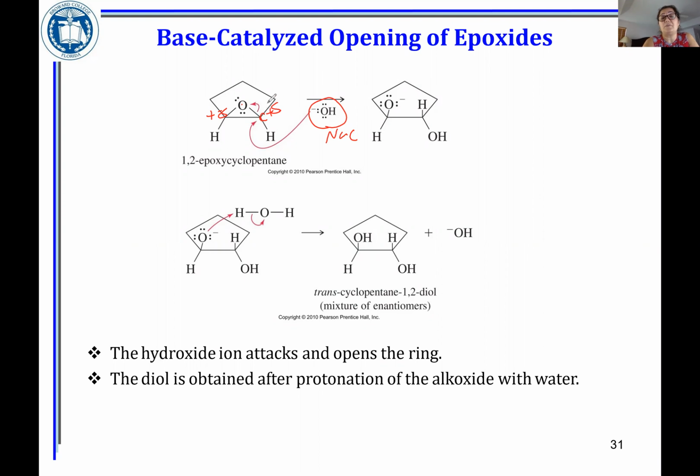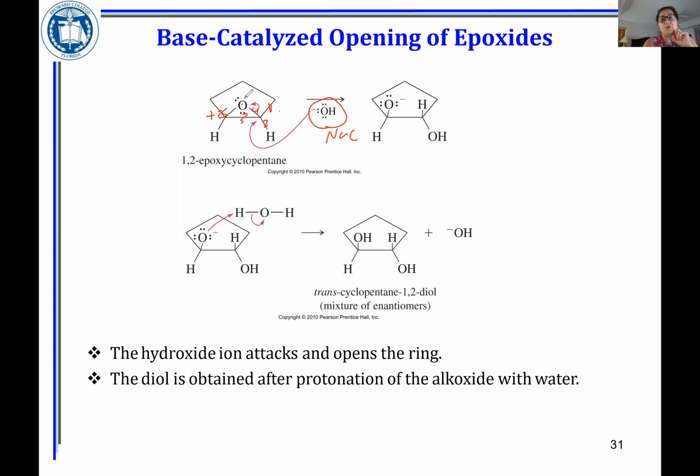Since this carbon already has 4 bonds, 1, 2, 3, and 4, when the new bond comes in, that's the 5th bond forming, and that is not good for the carbon. It makes the carbon very unstable.